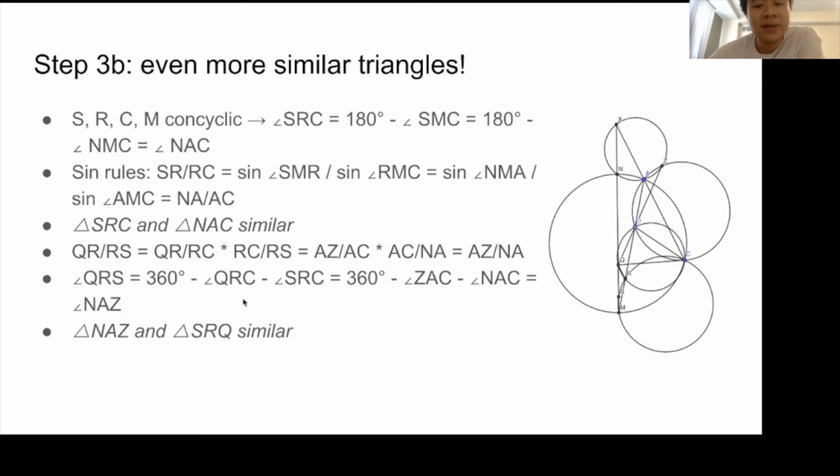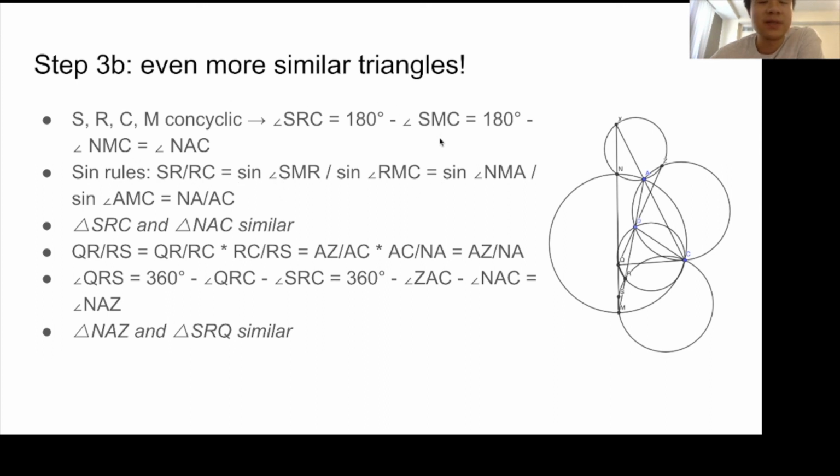And now that we have more points like this, we can do even more angle chasing. Except for this one, what we have is one pair of equal ratio, as you can see over here.